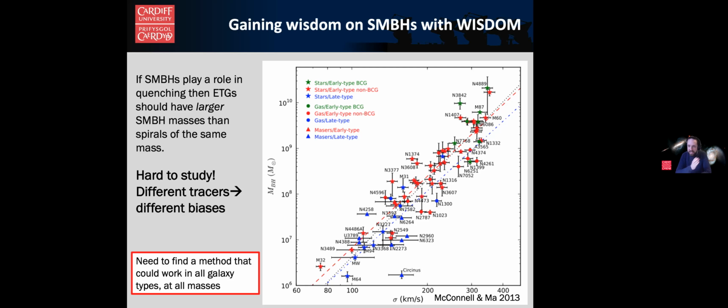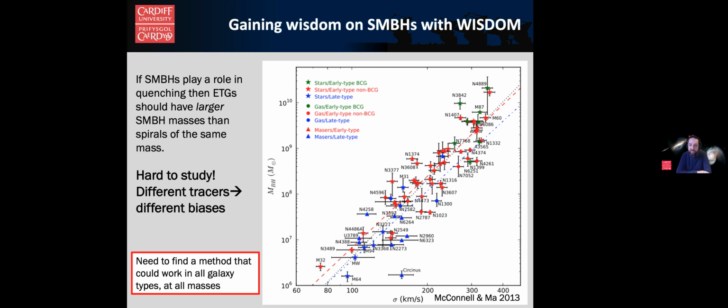Then gas or ionized gas kinematics have been used in all the round points. And masers, these microwave lasers that shine in the accretion disks of, typically, Seyfert spiral galaxies, are shown in the triangles. And you can see that the red points and the green points are the early type galaxies, the blue points are the late type galaxies.